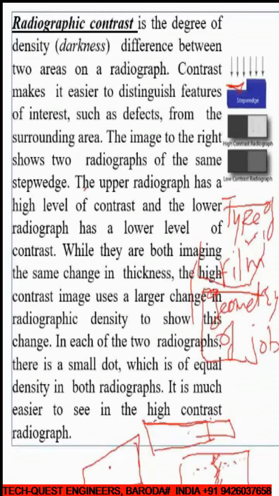The reason is this thing is gradual. So this part will be dark, this part will be light, but then it will be going gradually. So the geometry of the subject, subject means test object, gives an effect on the radiograph contrast. This is what we have to understand for this.